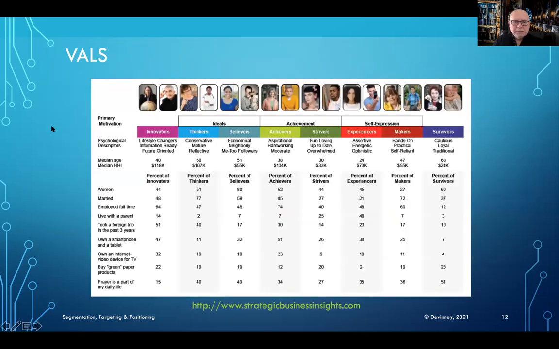Okay, this is the values segmentation approach, something called VALS. And again, this is breaking people in based upon values. Okay, and again, if you think here, what do you got here?